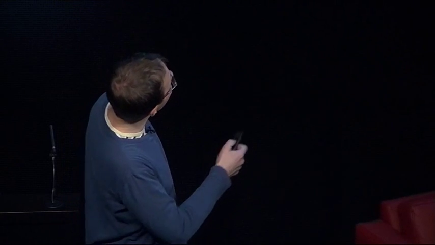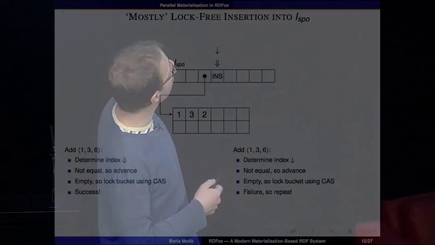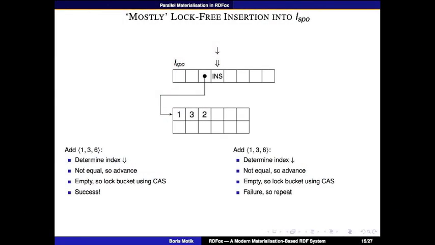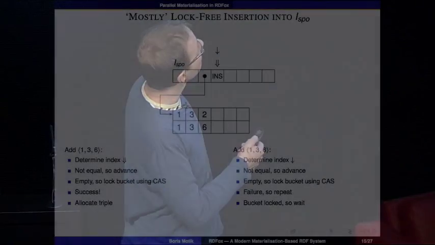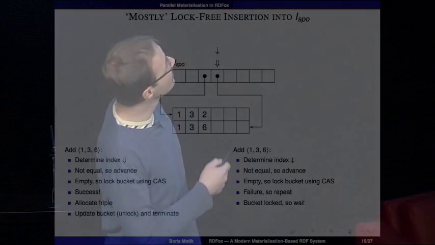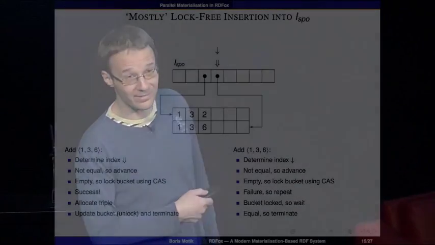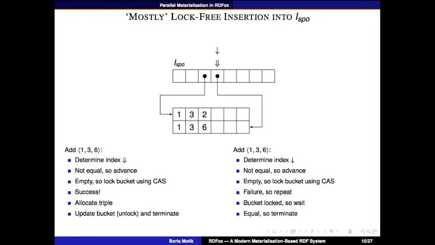So what now happens is both threads have found a bucket, and both try to lock it, and let's say that the left thread succeeds. The left thread now adds this triple, writes down the pointer to that triple, and the right thread sees that, oh, it's already there, so it eliminates duplicates. Now, this was a spin lock.